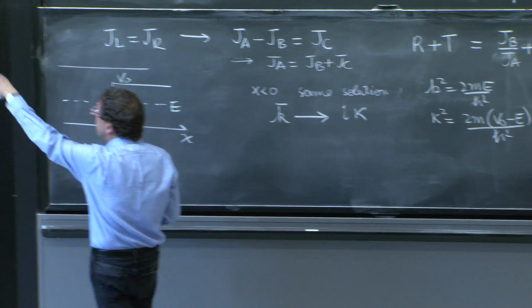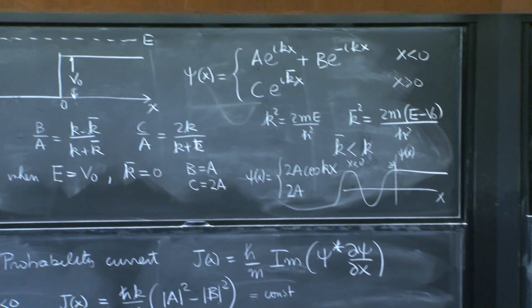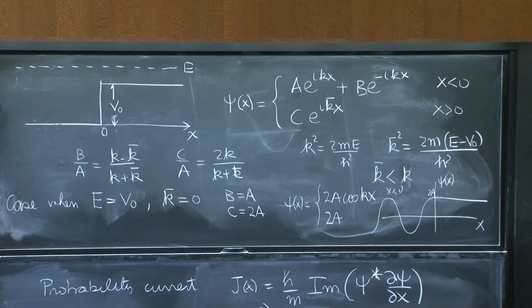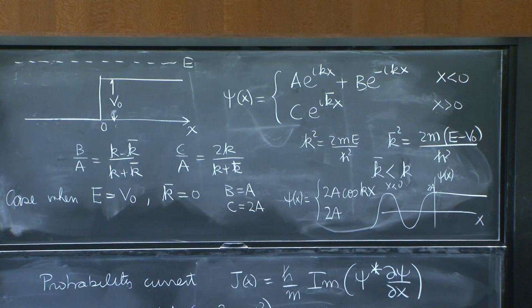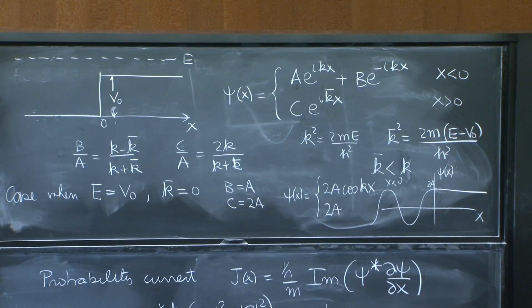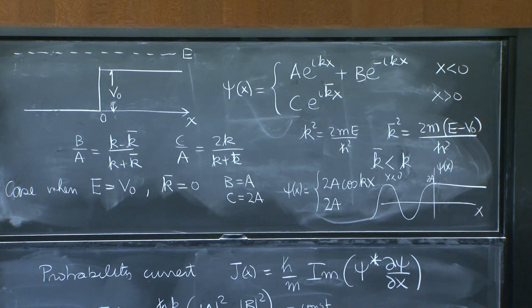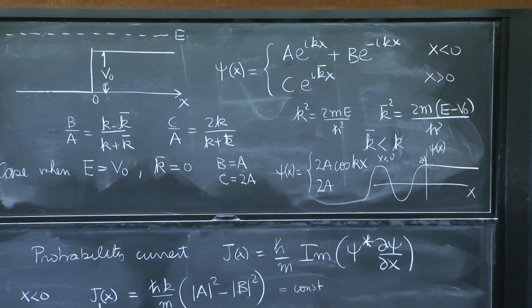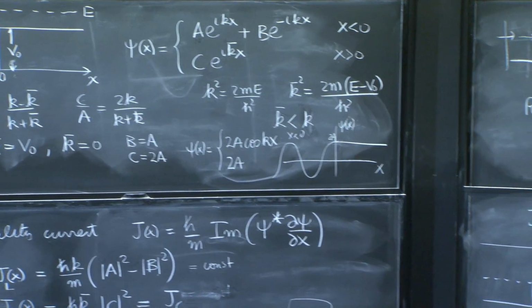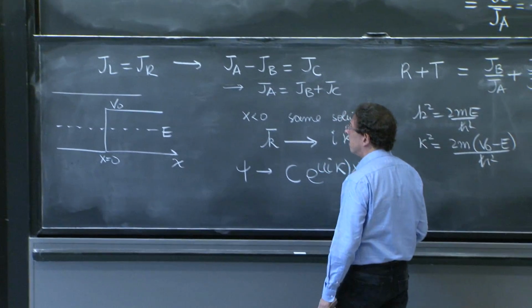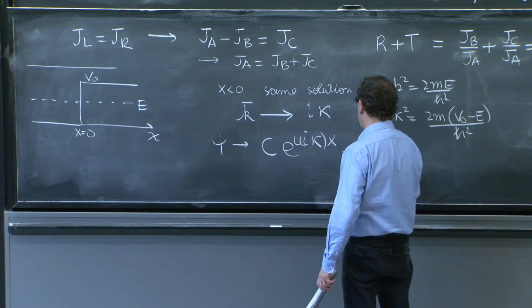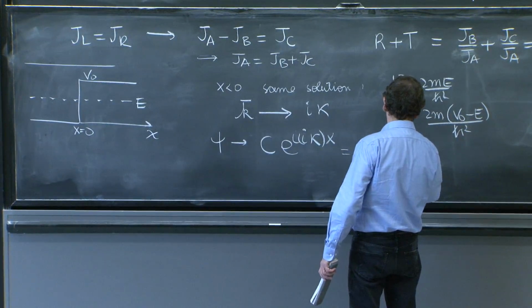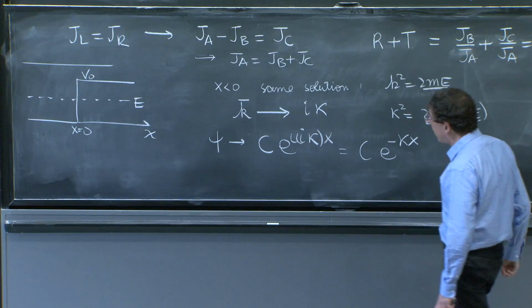But if I look at the solution there, the solution psi on the region x greater than 0 turns into c e to the i k bar x, which is i kappa x. Therefore, it's equal to c e to the minus kappa x, which is the right thing.